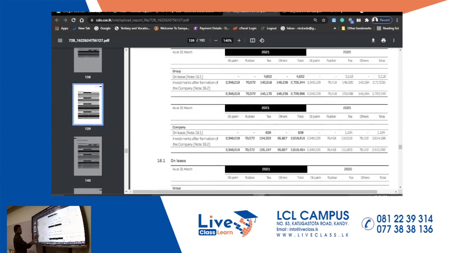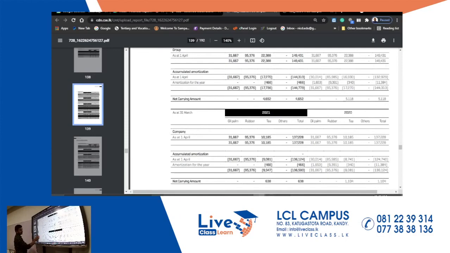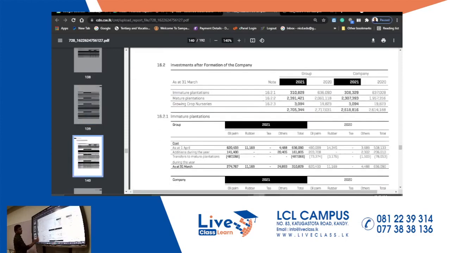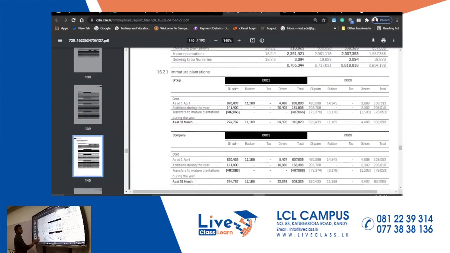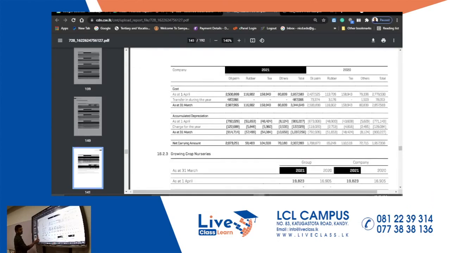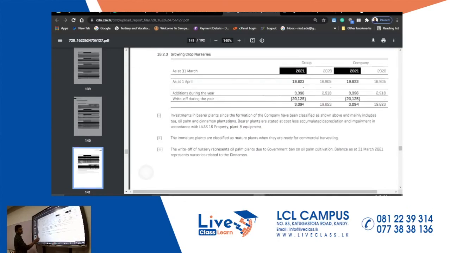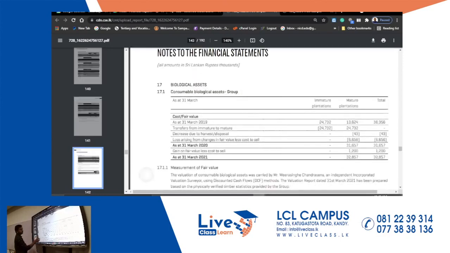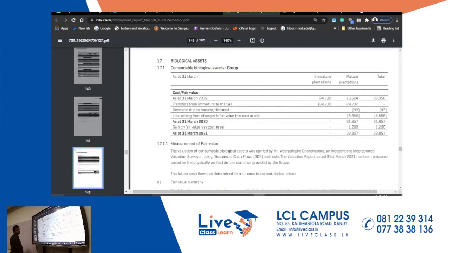See bearer biological assets. We'll see something close to that. Right, biological asset. They told that these biological assets measured at the fair.